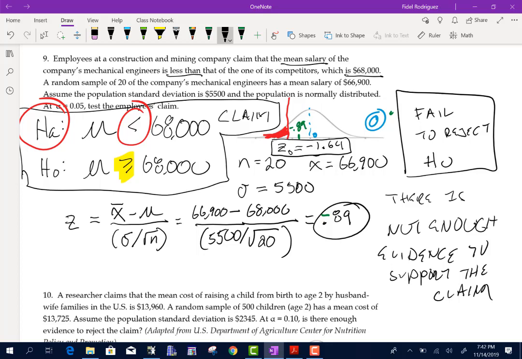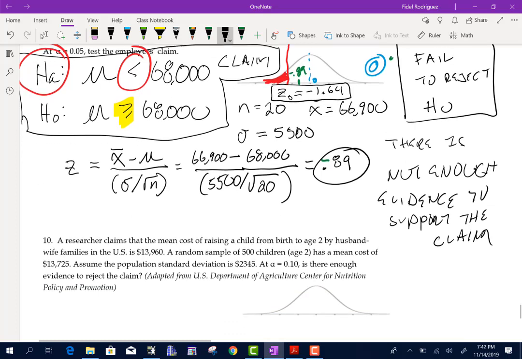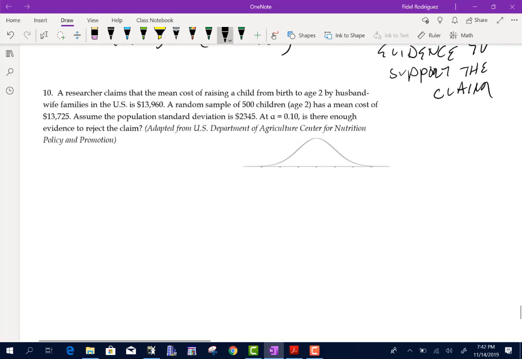Okay. Let's try another one. We got one more like this, and let's see if we can figure this out. All right, number 10 says, a researcher claims that the mean cost of raising a child from birth to age 2 by husband-wife families in the United States is $13,960. I'm going to stop right there.